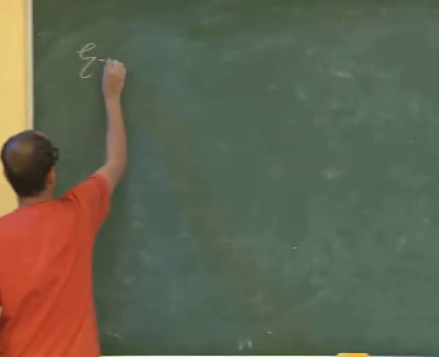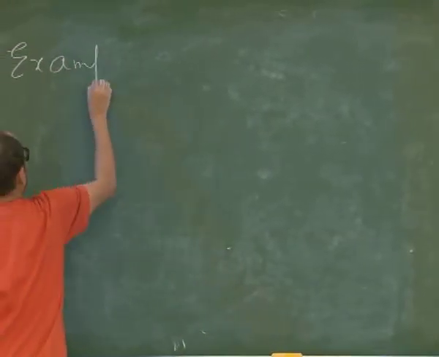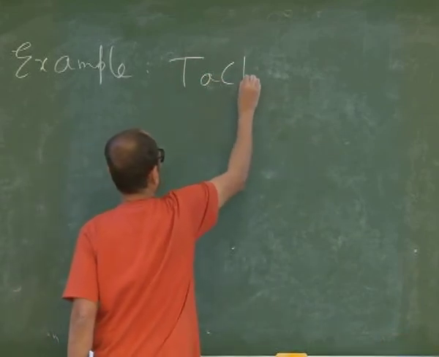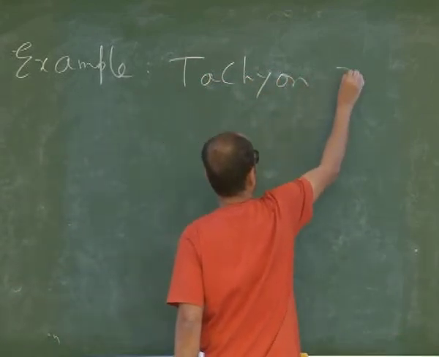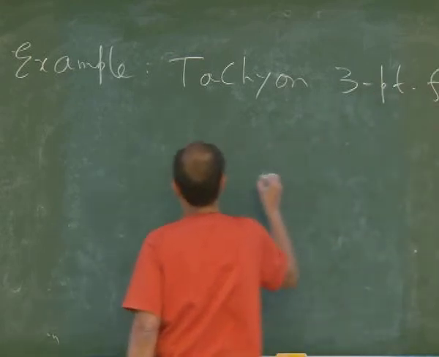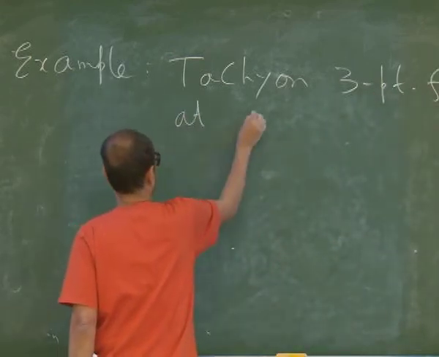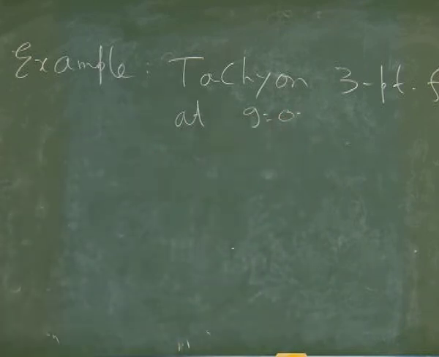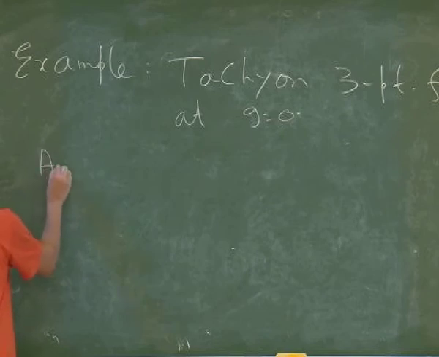So, example: the tachyon 3-point function at g equal to 0. What is the difference from the previous case?